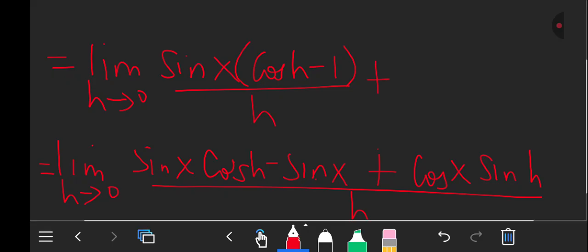Then plus, I can distribute limits. So limit as h approaches 0, cos x sine h over h.